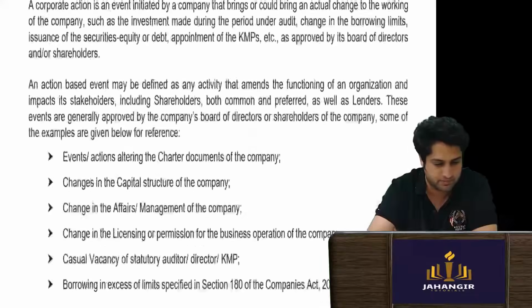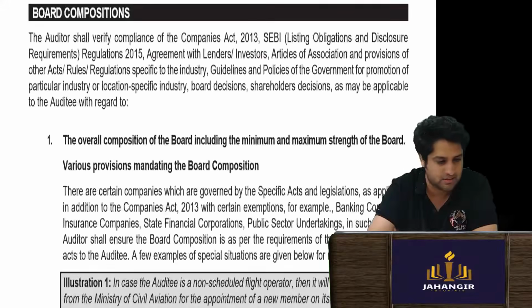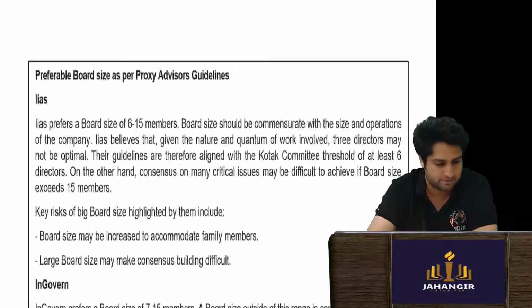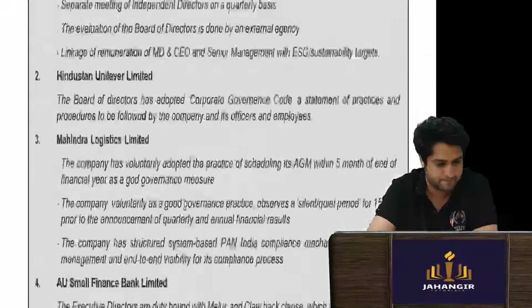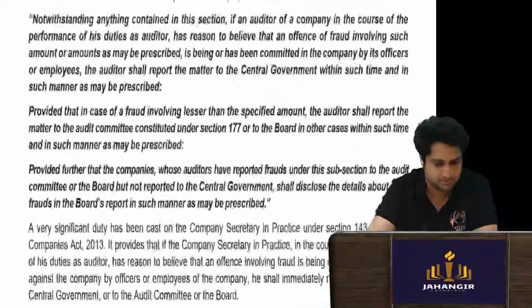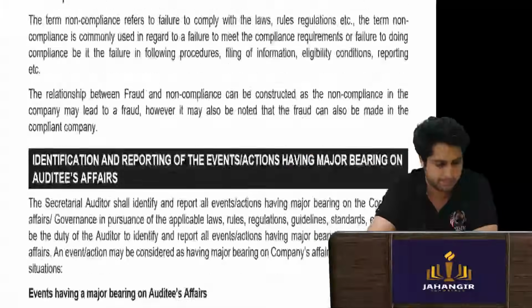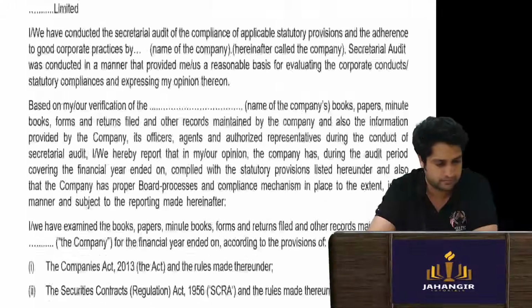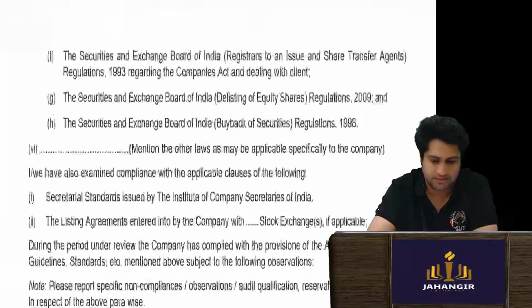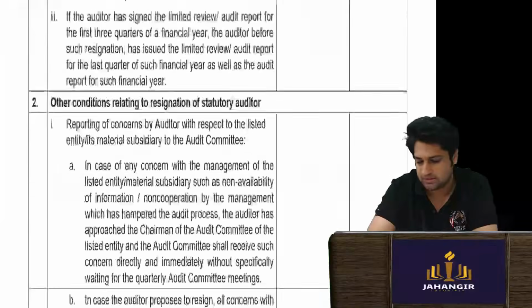Okay. Done. I think this is the major part of the chapter. I think we have covered. And the MR3 format, that is the reporting will be done in MR3.